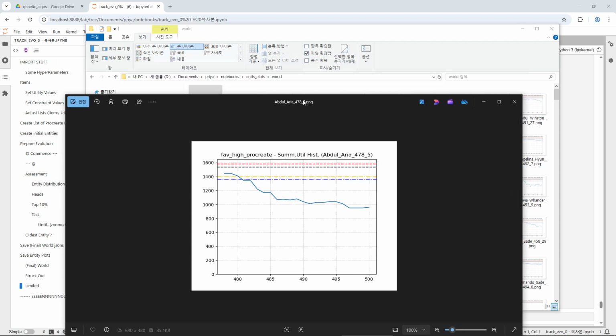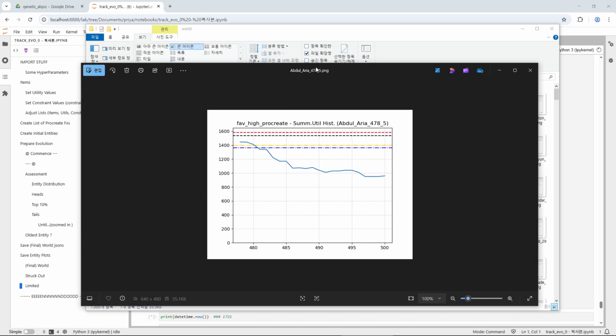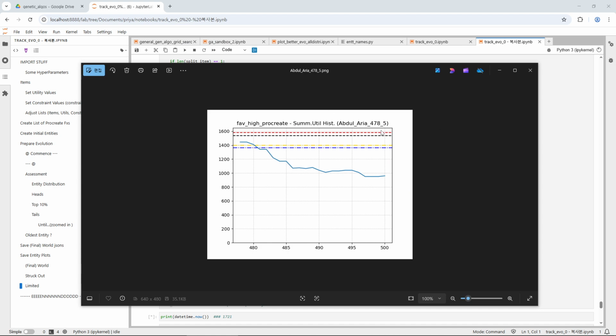This is from the final state of the world, and the plots here are in alphabetical order, so let's just keep that in mind.